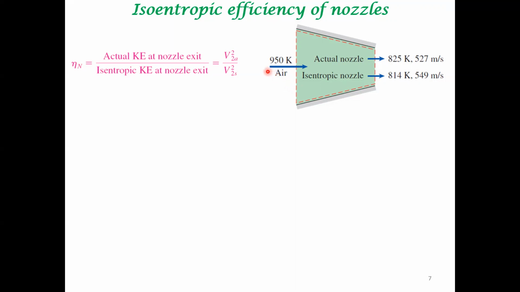However, the real device has a lesser kinetic energy compared to a nozzle operated isentropically. So the difference between kinetic energies, or the ratio between them, is a measure of the efficiency of a nozzle.